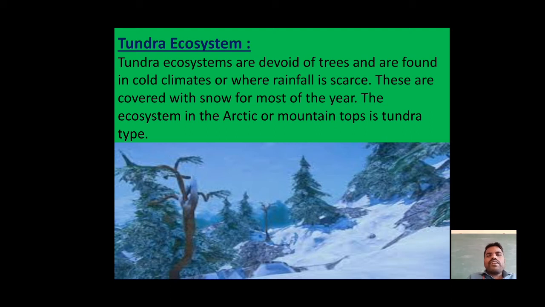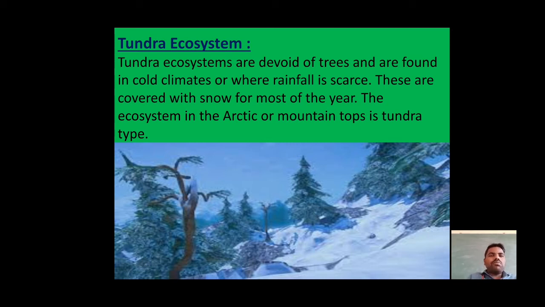In the tundra ecosystem we can see plants covered with snow for most of the year. The ecosystem in the Arctic or on mountain tops is the tundra type.